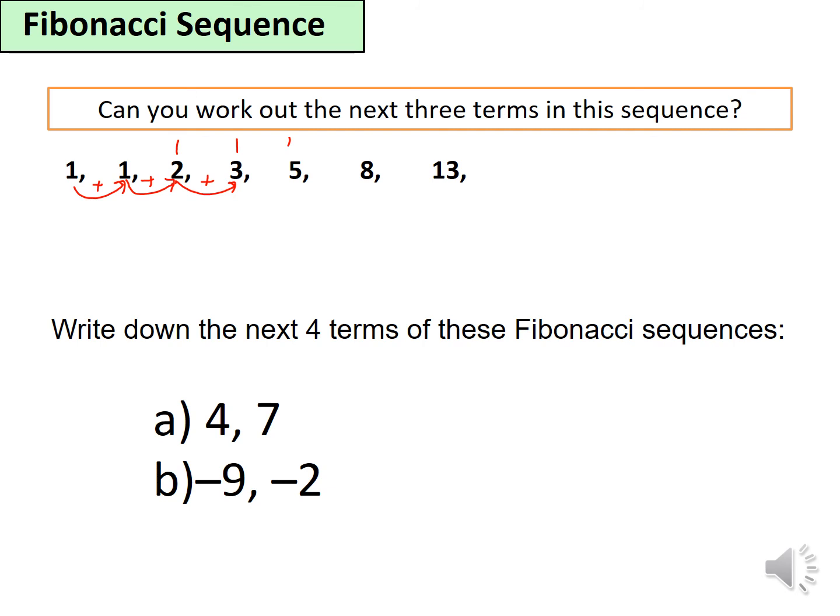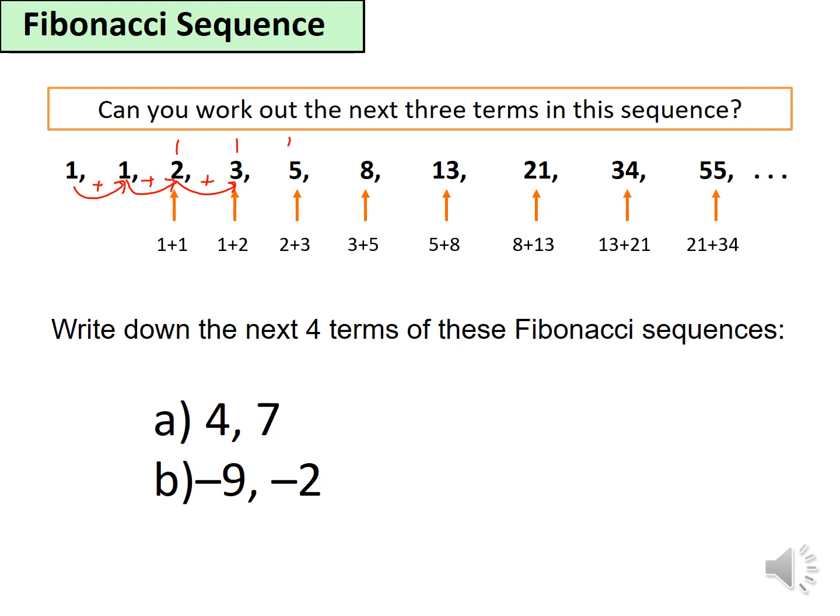Let's have a look at it properly. 1 plus 1 will give me the 2, 1 plus 2 would give me the 3, 2 plus 3 would give me the 5, and 5 plus 3 would give me the 8, and so forth.